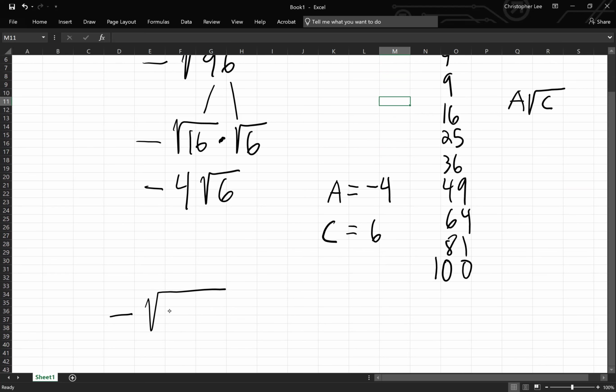Oh, the negative, like negative square root of 540, like that? Oh, like this? Oh, on the root itself? Like that? Okay. So that's cube root of 540.